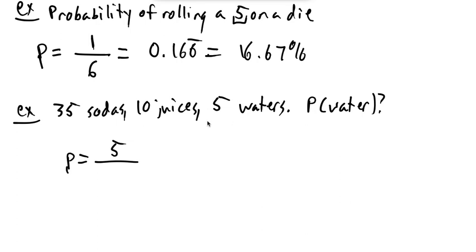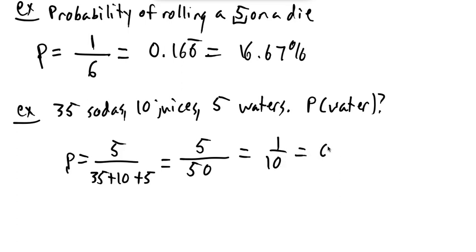There's 5 waters, 10 juices, and 35 sodas, so the total number of drinks is going to be 50. So our probability of a water is going to be 5 over 50, which is 1/10, or 0.1, or 10%.